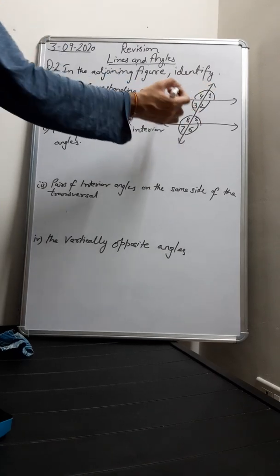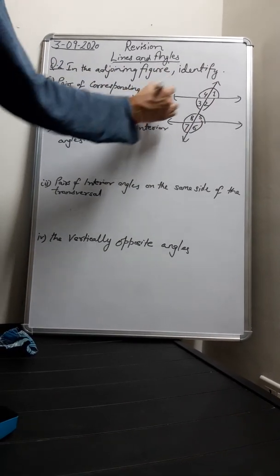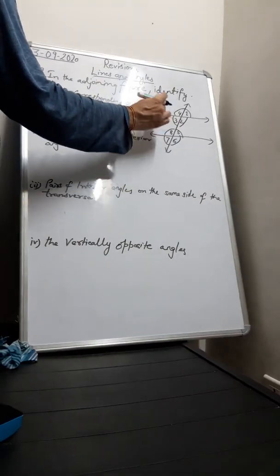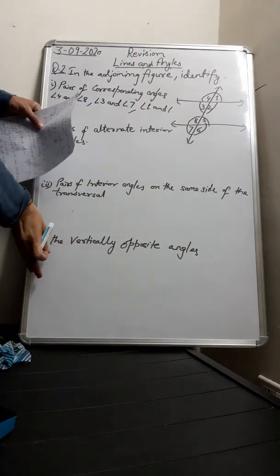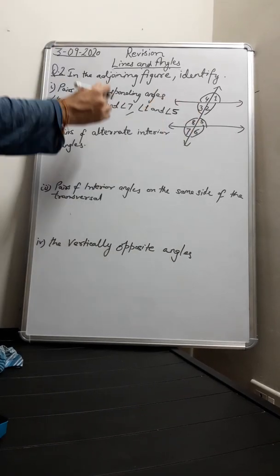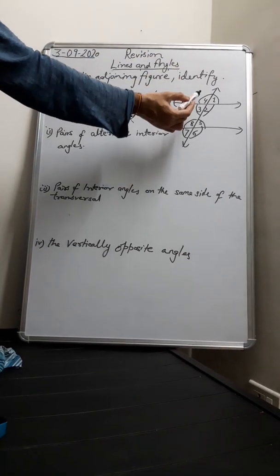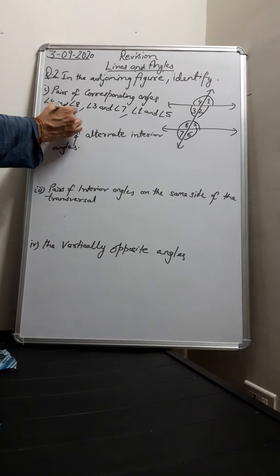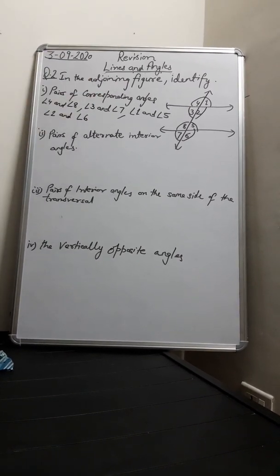On the second side of a transversal, angle 1 and angle 5 is the third pair, and the last pair will be angle 2 and angle 6. So these are the pairs of corresponding angles.